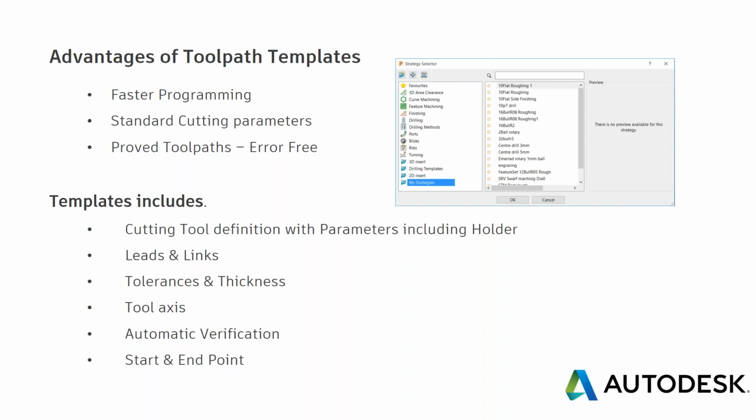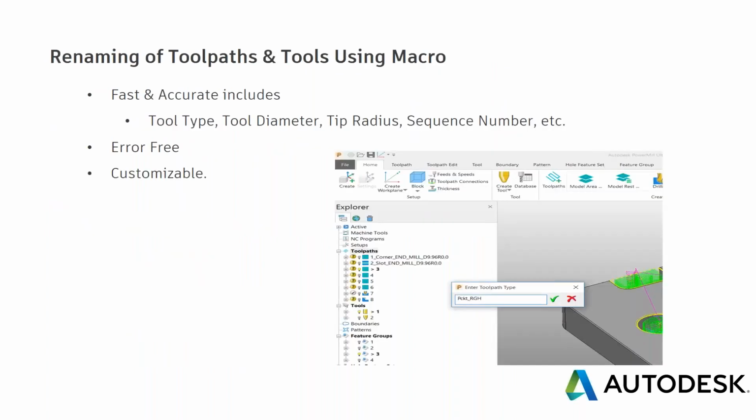Finally, we move into renaming of toolpaths and tools using a macro. Many of the users requested this particular macro to be shown in this webinar because programmers are making mistakes while naming or renaming the toolpath. This macro includes the sequence number, type of operation, type of cutter, and tool diameter, including tip radius.